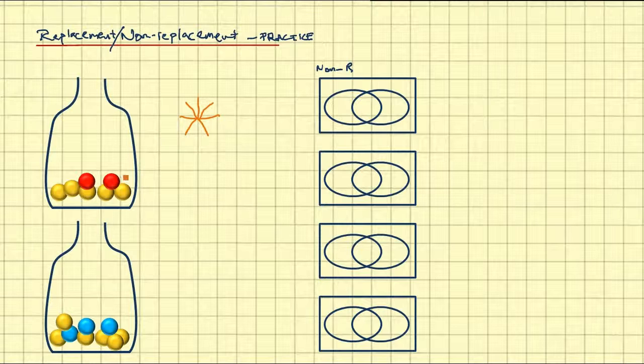And then in the second round, when I'm not replacing, I'll only have 6 possibilities. So for each of these branches, I just want to draw something like that. 1, 2, 3, 4, 5, 6. Okay.